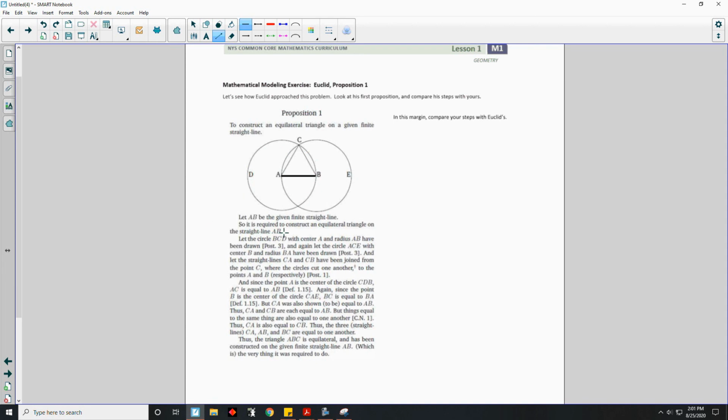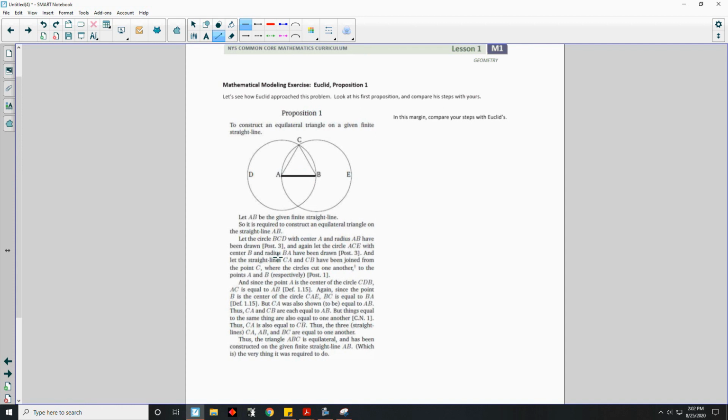So it says, let the circle BCD with center A and radius AB have been drawn. Postulate 3. And again, let the circle ACE, this circle here with center B and radius BA, have been drawn, postulate 3. And let the straight lines CA and CB be joined from the point C where the circles cut one another to the points A and B, respectively.